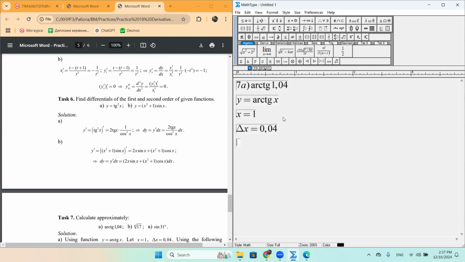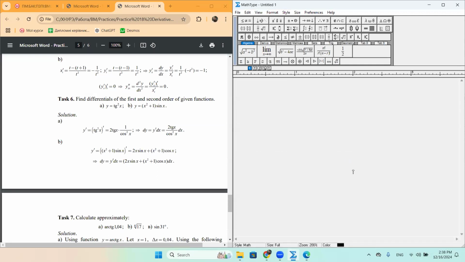Then we will use the next formula. So f of x plus delta x approximately equals f of x plus f prime of x multiplied by delta x.